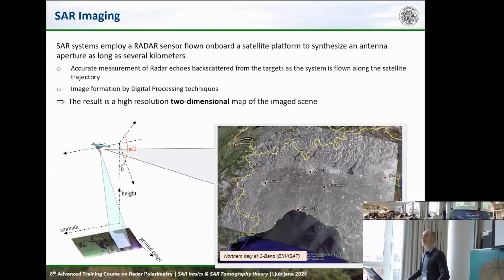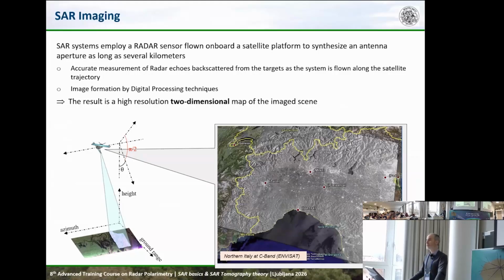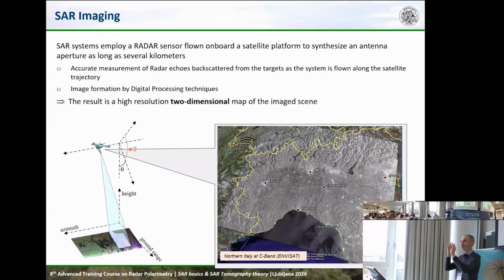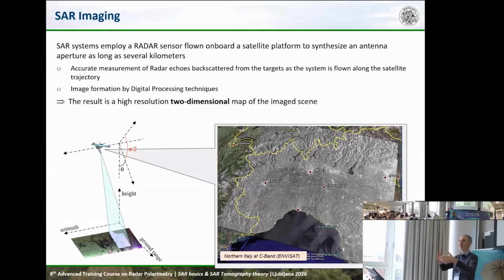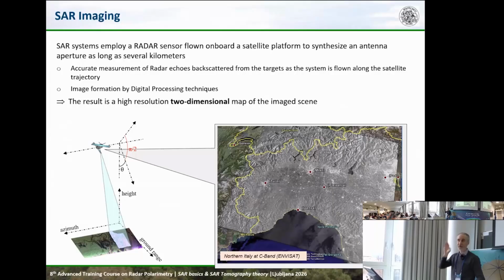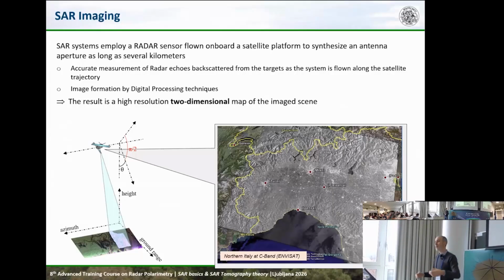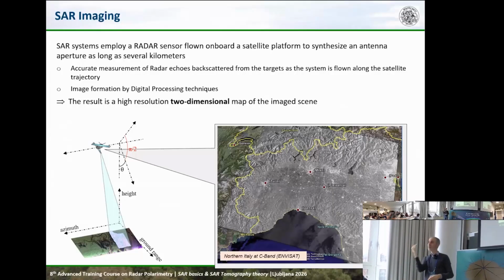What is a SAR? What is a synthetic aperture radar? Well, basically, you just take a radar, a system that sends the pulse and then receives. Just imagine that you mount this system on something that moves.